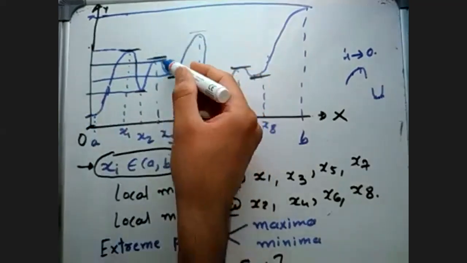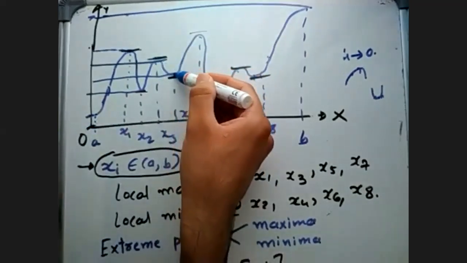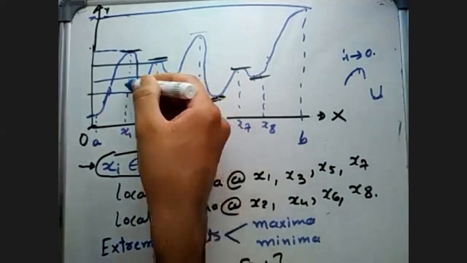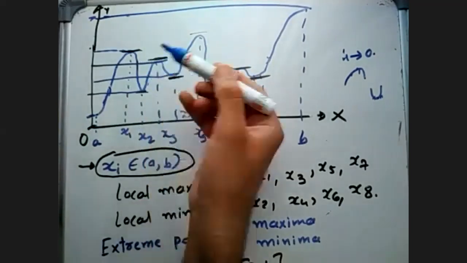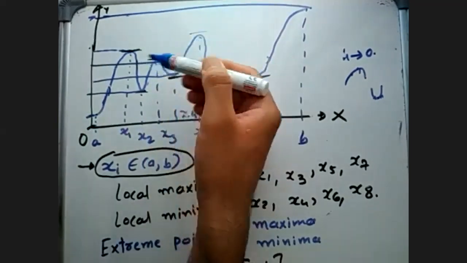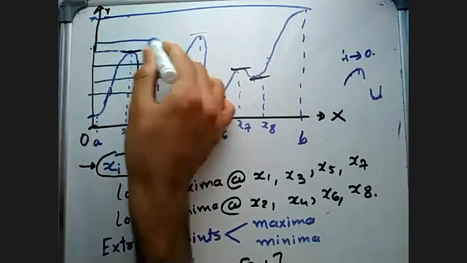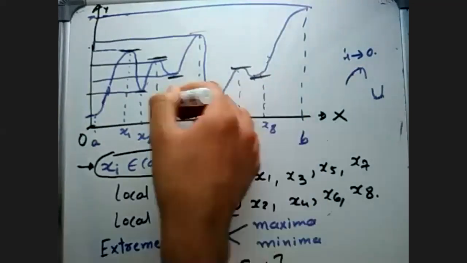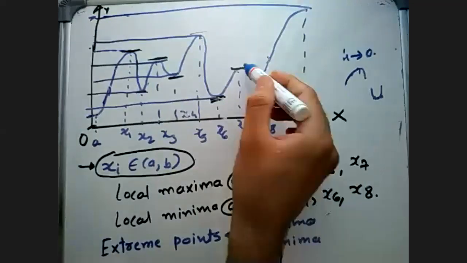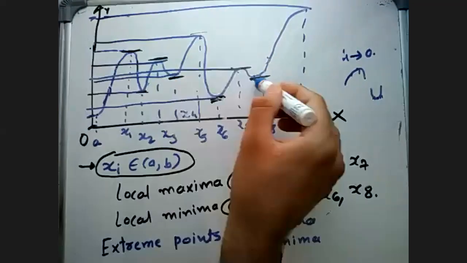You can see over here, this f of x4 minima has a higher value than the f of x2 minima, right? But still it is a minima, because as compared to its neighborhood, it is the minimum value. This is f of x5, f of x6, f of x7, and this is somewhere f of x8.